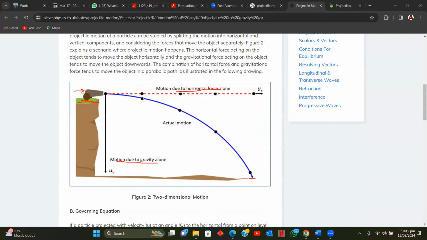And at every instant, it is going to have a vector for horizontal velocity and a vector for vertical force. Horizontal and vertical. And this is why the resultant would be in a straight line like this, in between. And this resultant refers to the direction of motion in reality.